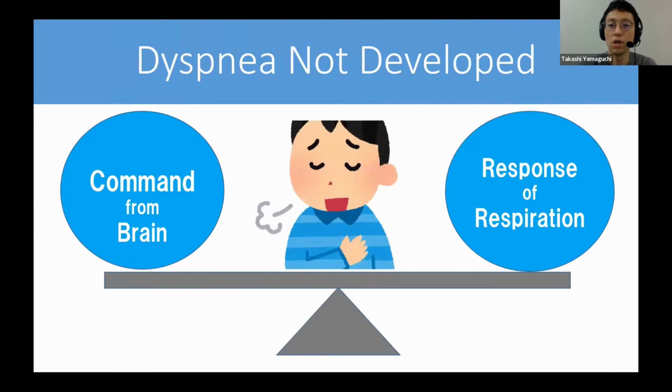For example, when we jog 1 or 2 kilometers, usually the respiratory rate increases to 30 or 40. So we are very tachypneic, but we do not feel dyspnea so much, right? This is because the response, increasing the respiratory rate, is adequate to the respiratory command.